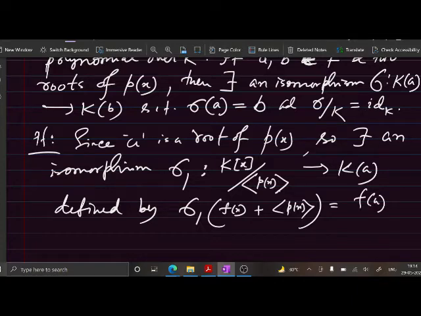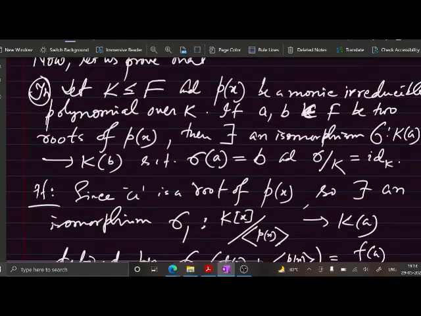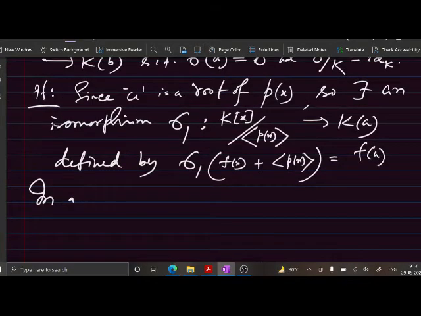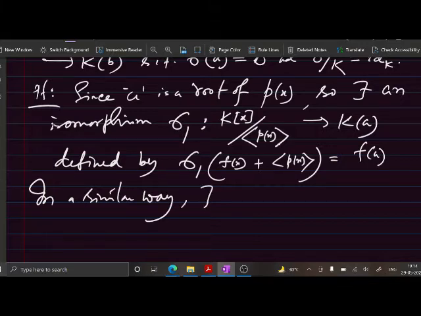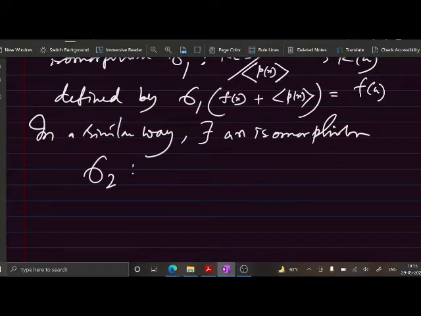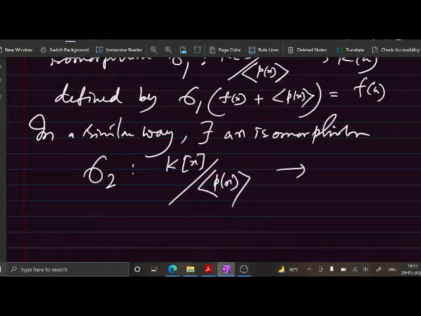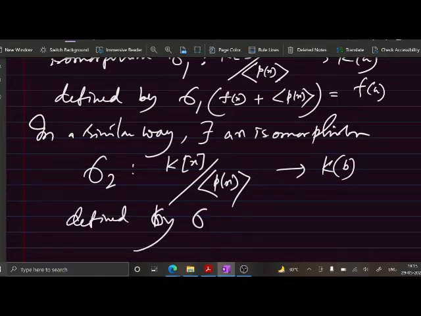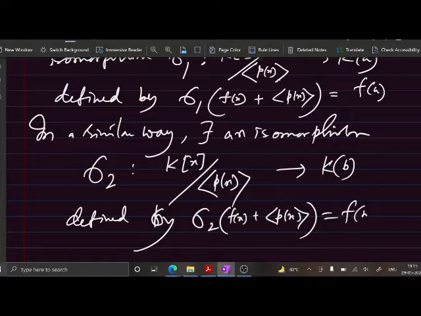In a similar way for the case of b, there exists another isomorphism sigma 2 from k[x] quotient by the ideal generated by p(x) to k(b), defined by sigma 2 of f(x) plus the ideal generated by p(x) equal to f(b).